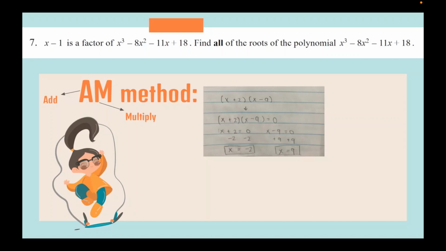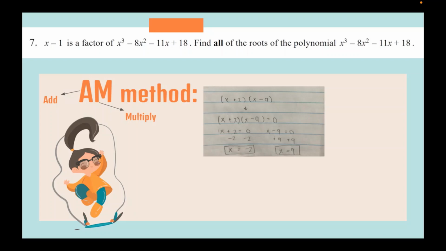Since the question is asking us to find the roots, we would set the factors to 0 and solve for x. So x plus 2 equals 0, subtract 2 from both sides, and we will be left with x equals negative 2. x minus 9 equals 0, we would add 9 to both sides and get x is equal to 9.